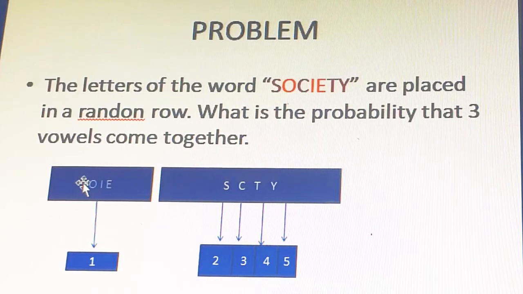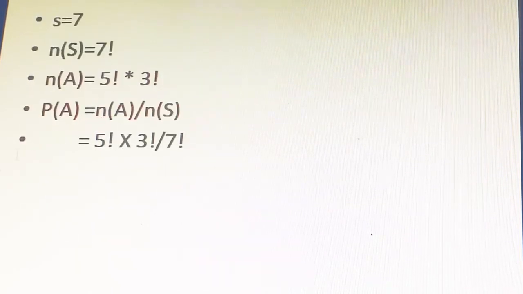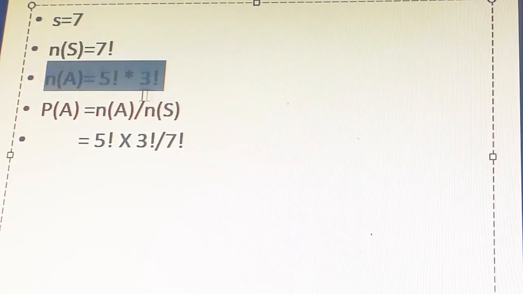How did we apply this? We took the 3 vowels as 1. The remaining are S, C, T, Y. So the total number of letters is 1, 2, 3, 4, 5. So it is 5 factorial times the vowels arranged in 3 factorial. So you can write n(A) is 5 factorial times 3 factorial.